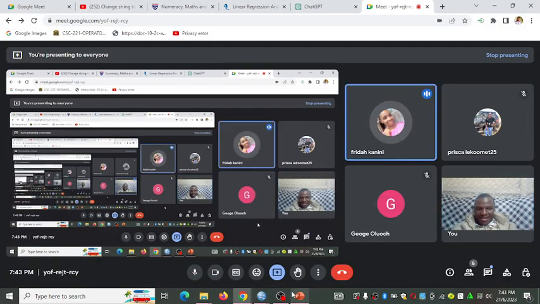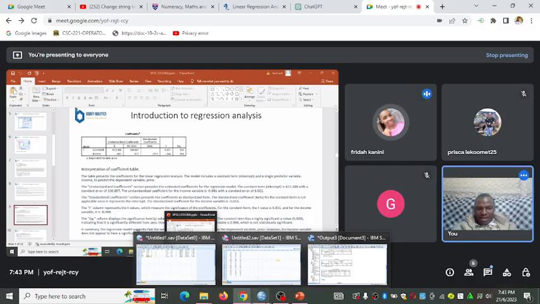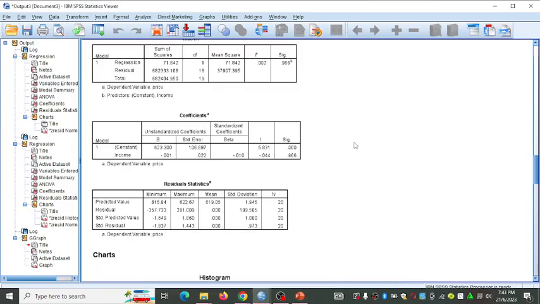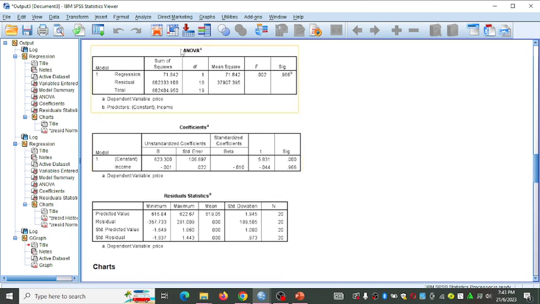Why are we having, on this part of coefficient, the significant value for income is 0.966, and from the ANOVA table we have the significant value for regression being the same 0.966. Why is this value and this one the same?